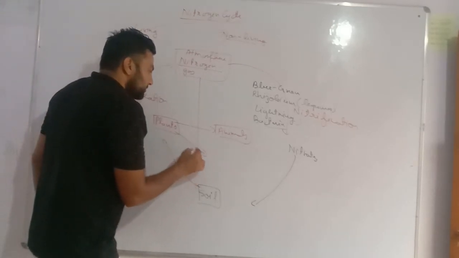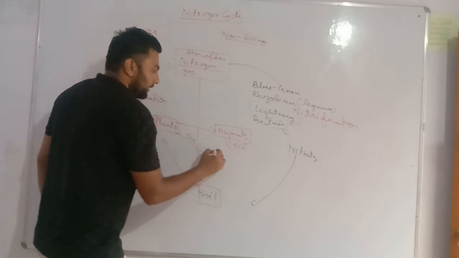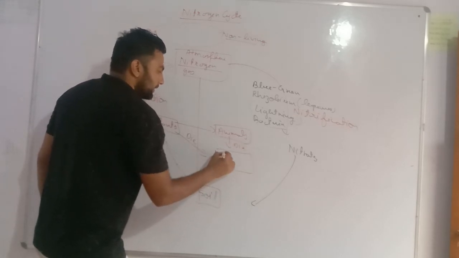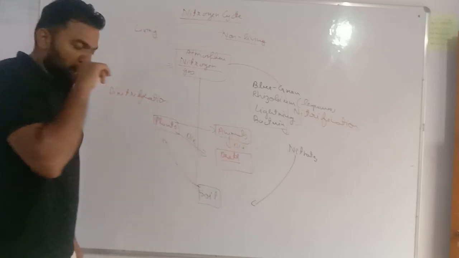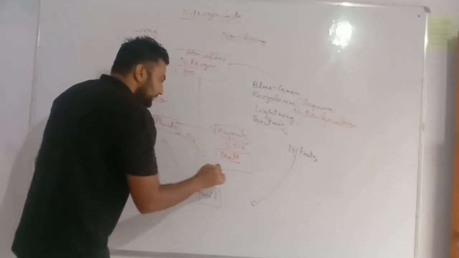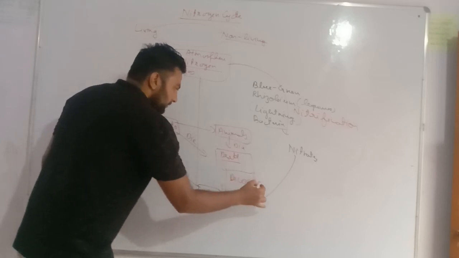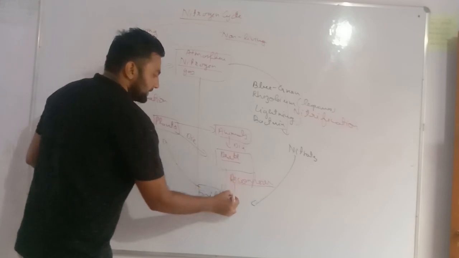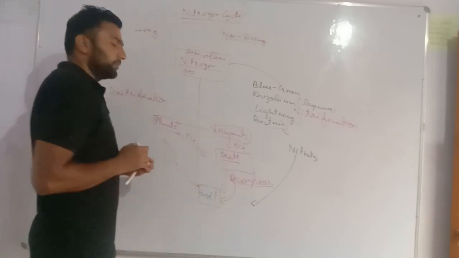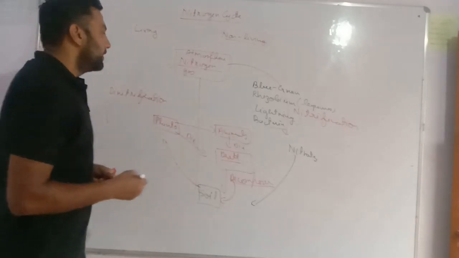Now these plants also die, and animals also die, and they become dead organic material. Now what happens is that decomposers act on them, and these nitrates are again mixed into soil, or this nitrogen material again comes back to soil.